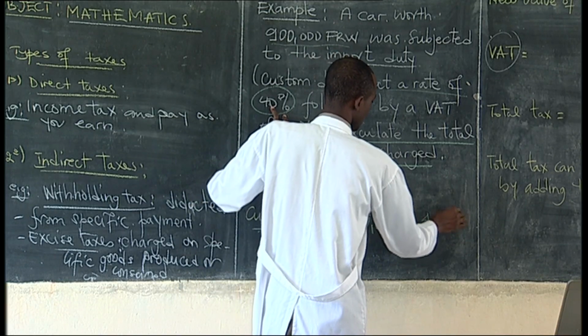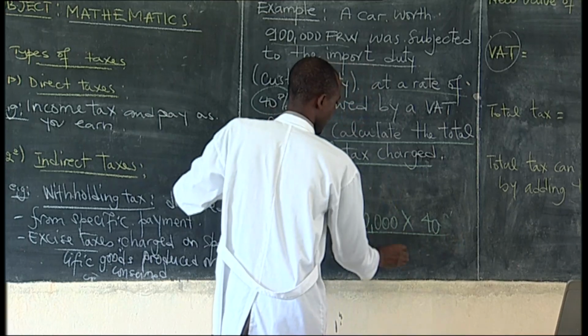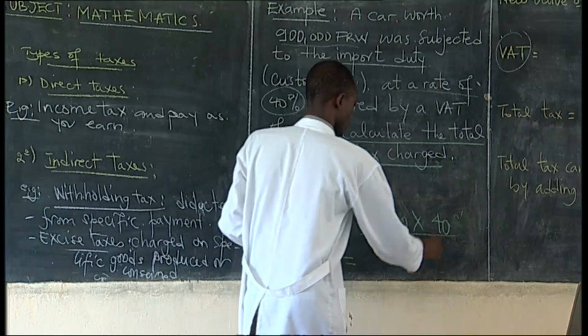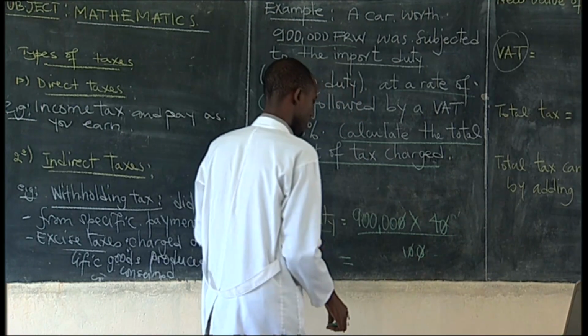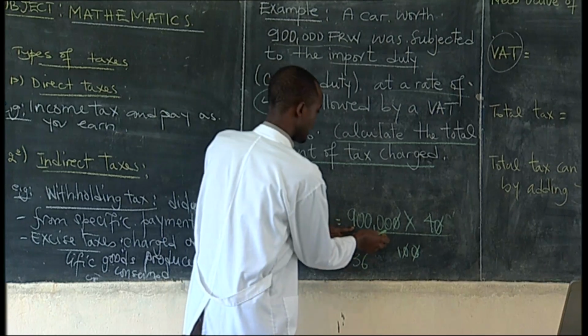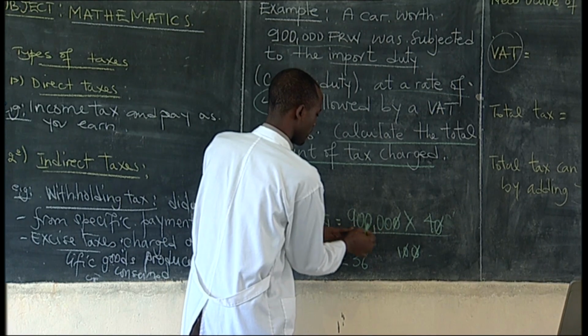We divide by 100. Working on this, this is 36, and you add the zeros that you have, 1, 2, 3, 4.